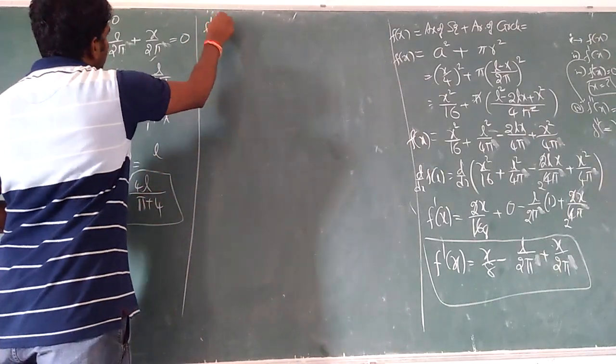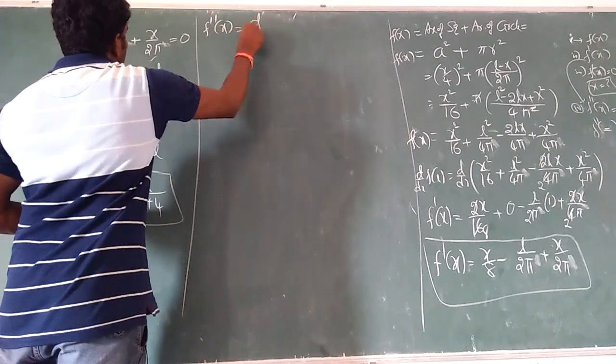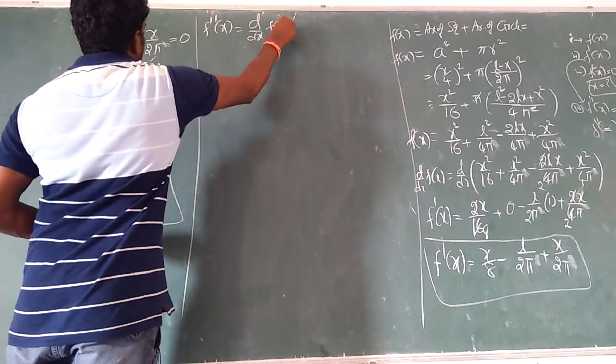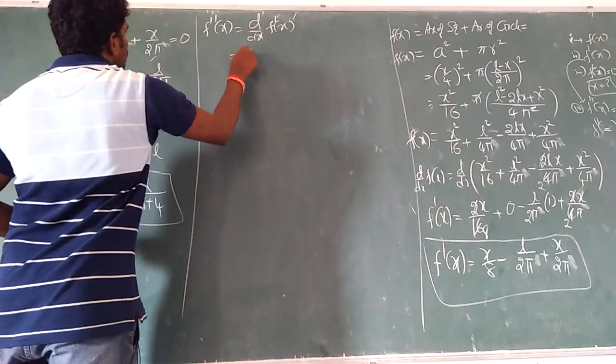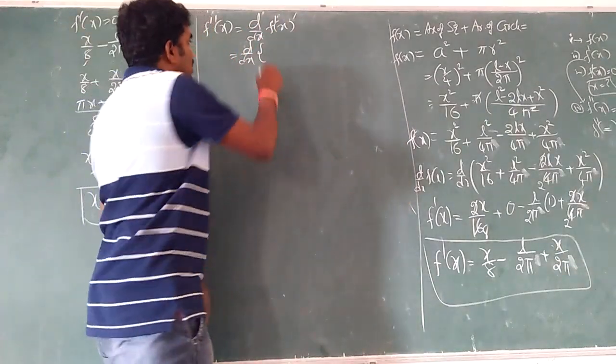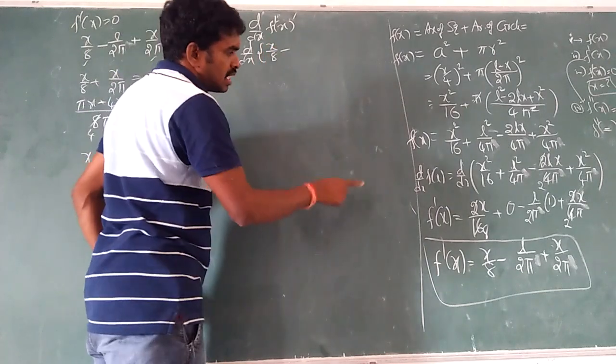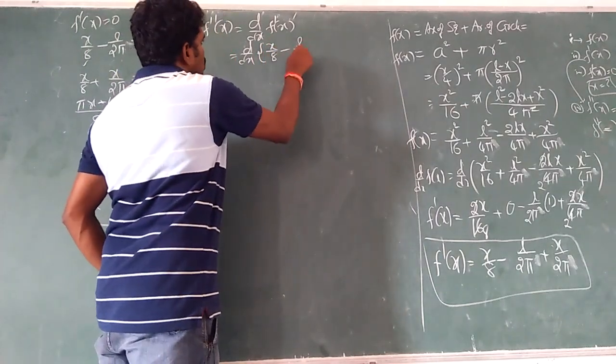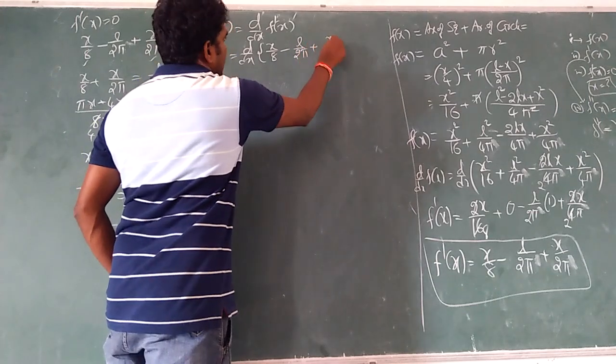Find out f double dash of x. F double dash of x means what? Derivation of f dash of x. Sorry, f dash of x is x by 8 minus L by 2 pi plus x by 2 pi.